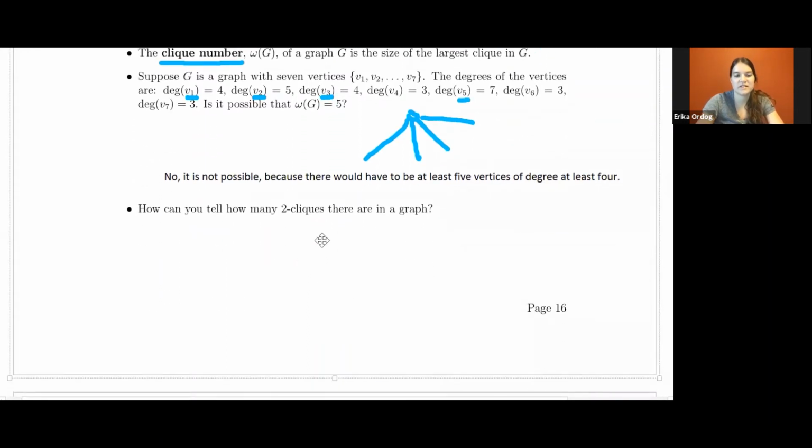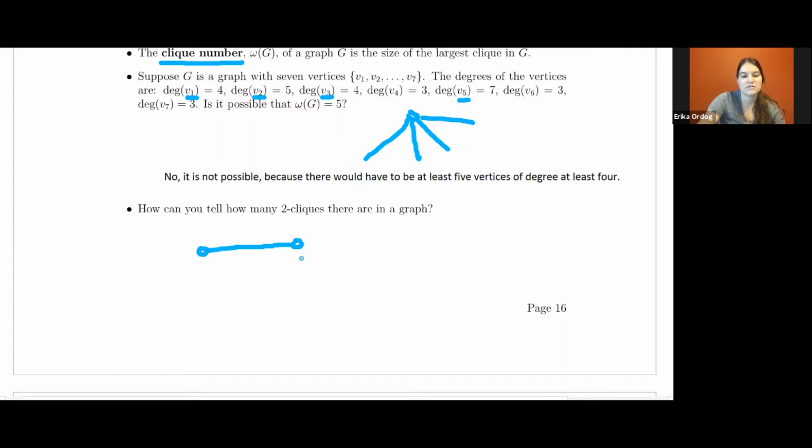So now let me ask you this. How can you tell how many 2-cliques there are in a graph? So pause and think about that. Okay, so how many 2-cliques are there in a graph? Well, what is a 2-clique? We have a set of two vertices, and every pair, there's only one pair, is adjacent. So there's an edge between these two vertices.